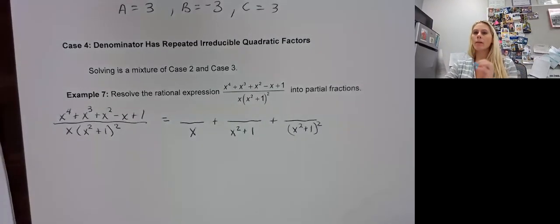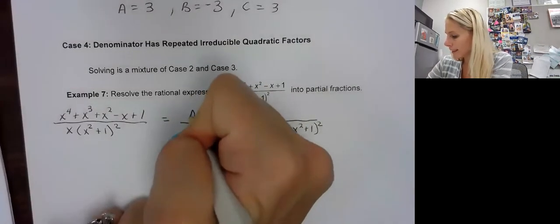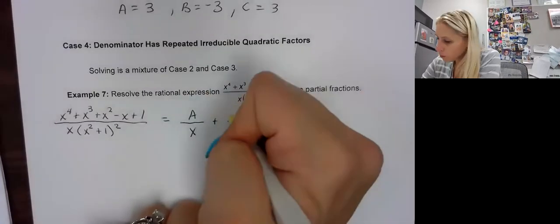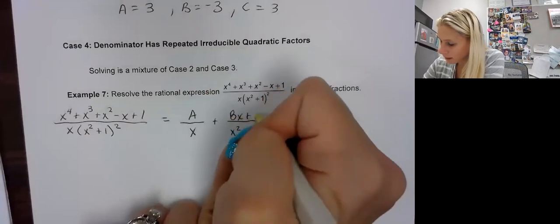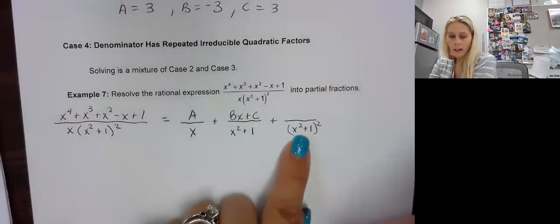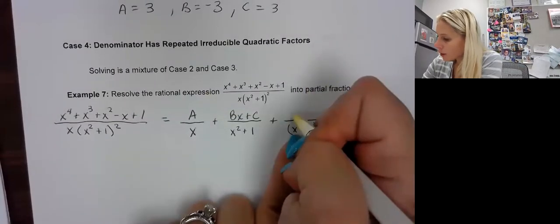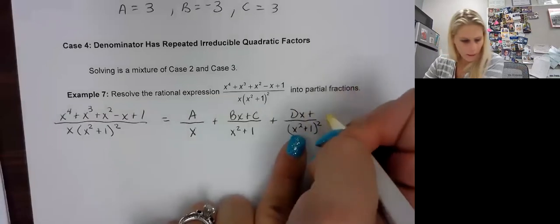Okay. Now, keep in mind, looking at the exponent in one lesson. So since this is just x, the top is just a. But since the bottom here is an x squared, it means I'm going to have that bx plus c. And here, excuse me, I have that x squared again, so I'm going to have a dx plus e.